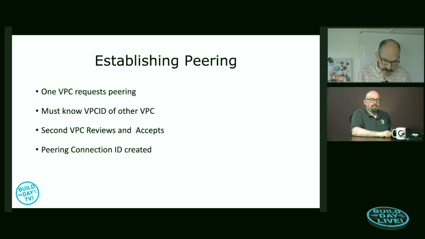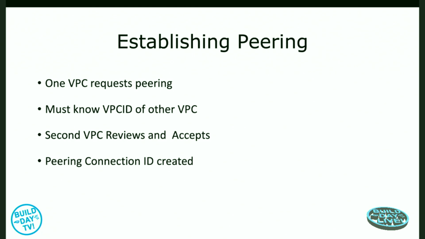So to establish a peering relationship between two VPCs, one of the VPCs requests the peering connection, and it simply has to know the ID of the other VPC. So VPC dash some long hex string. That's all you've got to know. So one side requests, and then the other side has to review and accept the request.